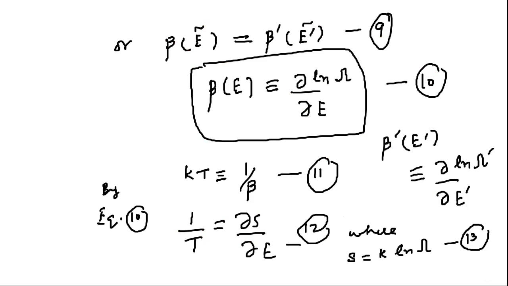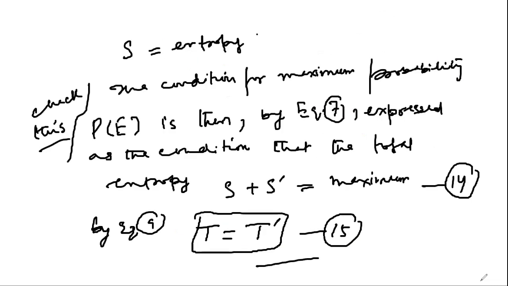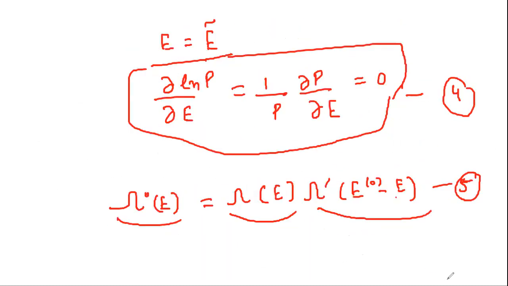You will check that. Then I said that the probability maximum means the total entropy is maximum, and that occurs when the temperatures of the two subsystems are equal.